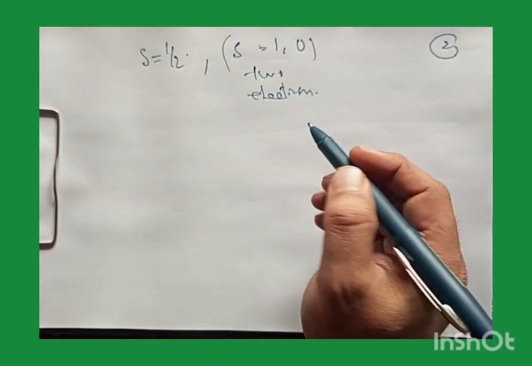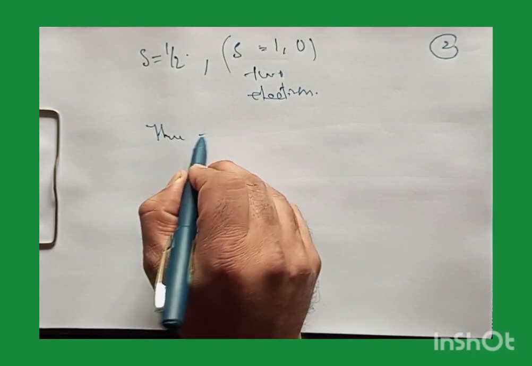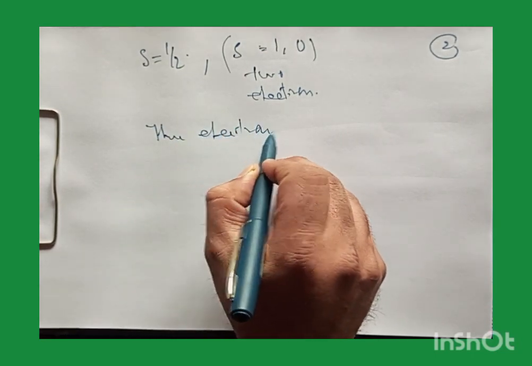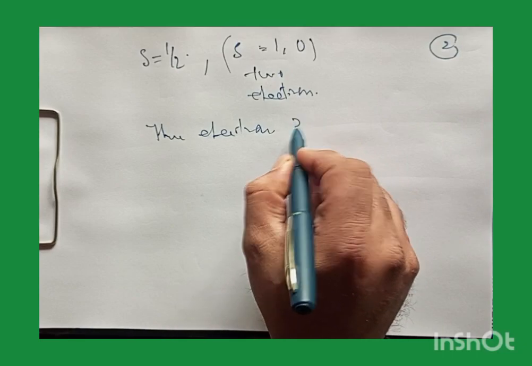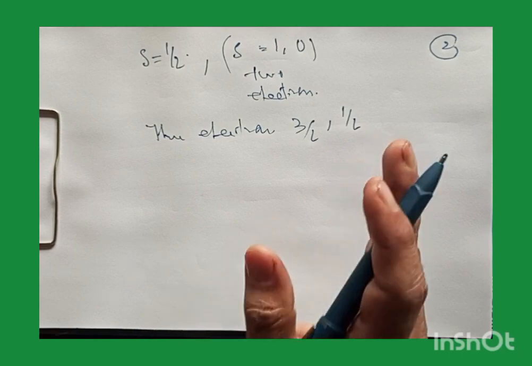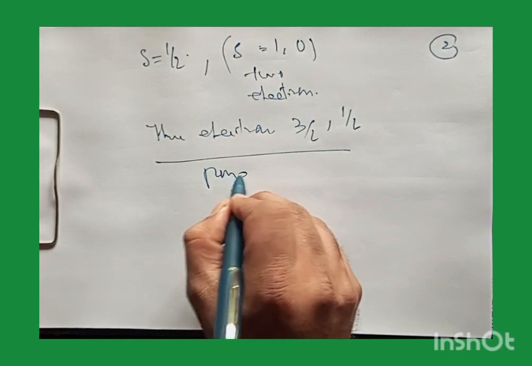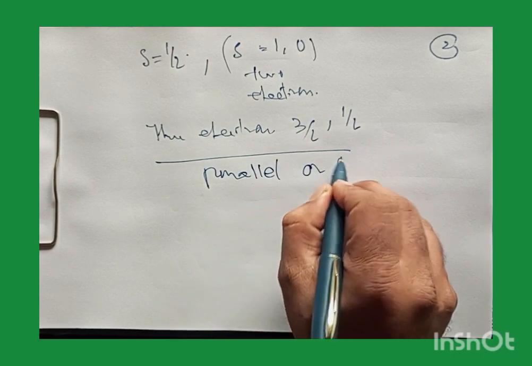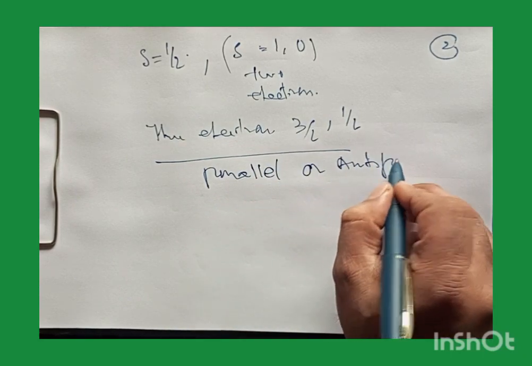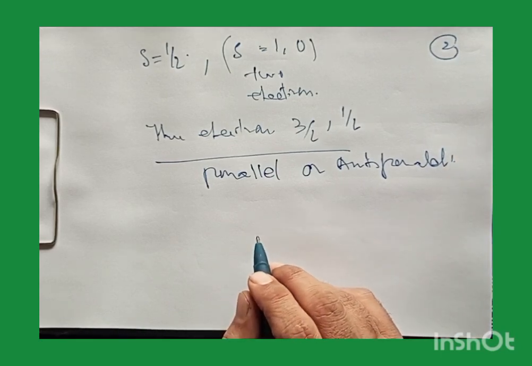Now, if we have 3 electrons, what possibilities do we have? It can be 3 by 2, or it can be 1 by 2, depending on whether the spin vectors are parallel or anti-parallel. So this is how it is done.